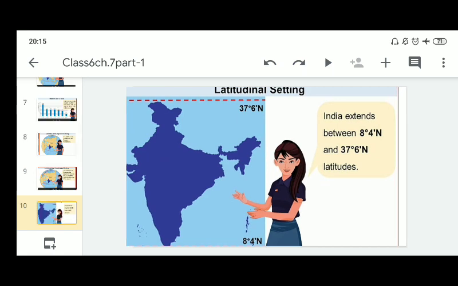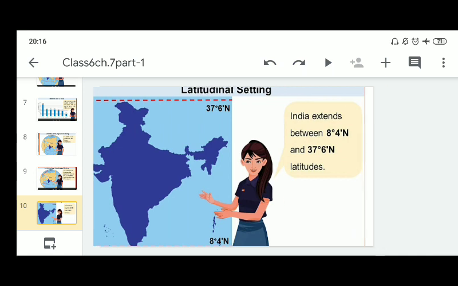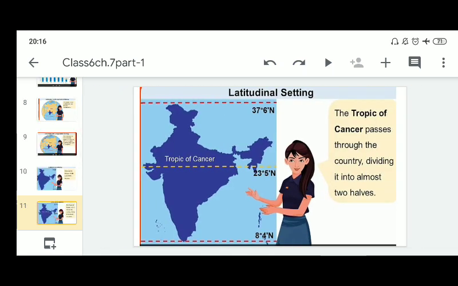So India extends between 8 degree 4 north and 37 degree 6 north latitudes. The Tropic of Cancer passes through the country, dividing it into almost two halves. So the Tropic of Cancer divides our India into two parts.